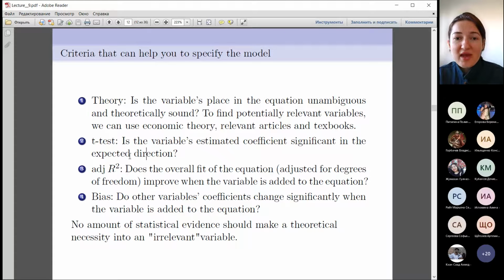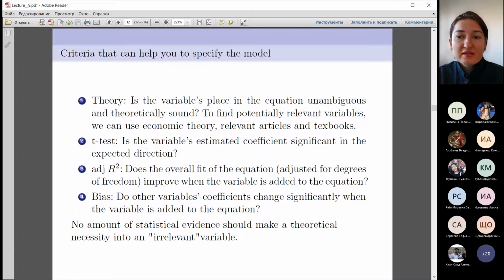So please remember, at least till the end of your econometrics course, that you can't just exclude or drop variables from your model if you see that they are insignificant. It would be a very bad mistake.